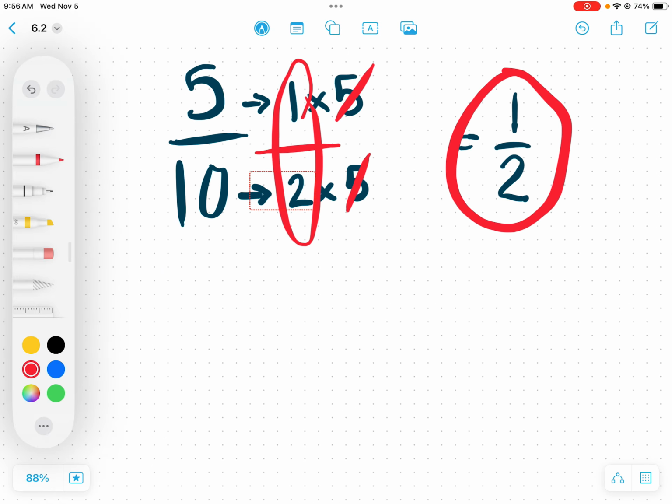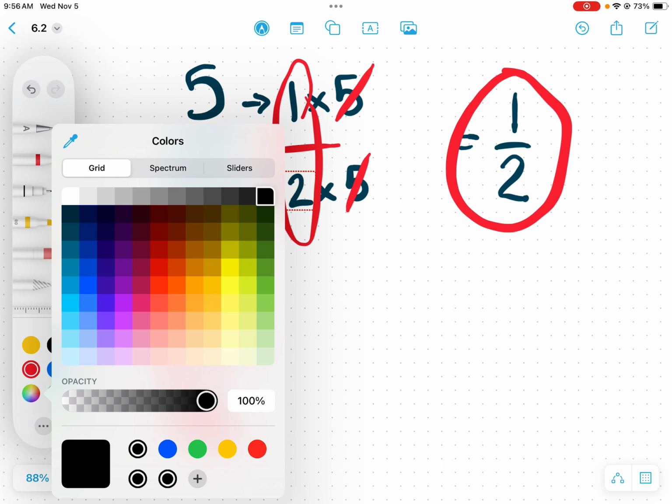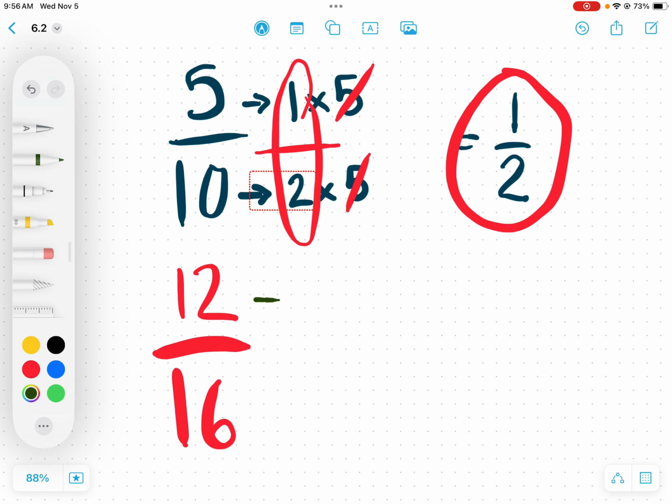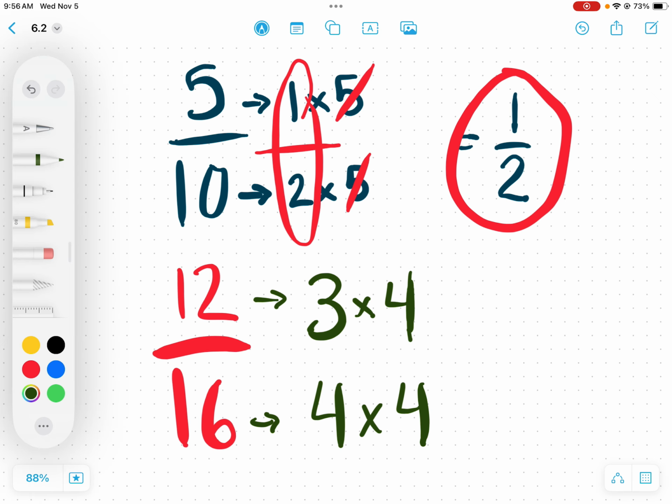Okay, so if you were to take, let's say, 12/16, a way you can make 12 is, let's do a different color, 3 and 4. 3 and 4 make 12, and a way we can make 16 is 4 and 4.